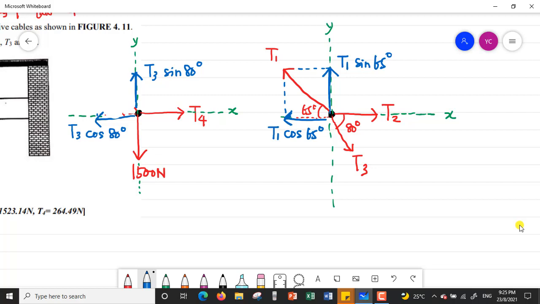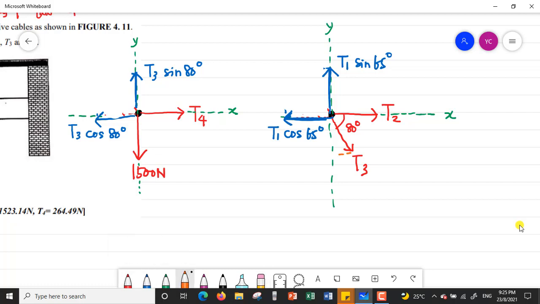The component opposite to the angle is sin. The component adjacent to the angle is cos. So we have resolved it. I remove this one, since we have resolved it into two components. And then the same goes for T3, so we resolve T3 as well.